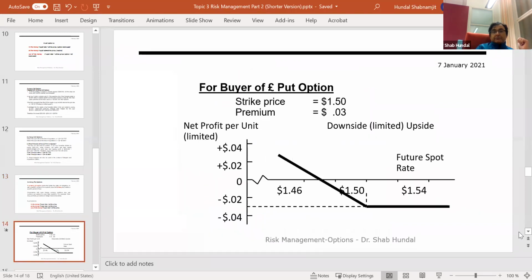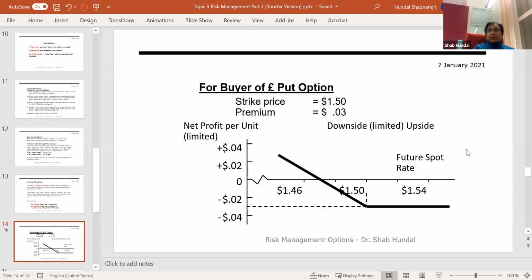And here is when you are a buyer of a put option, then this is your payoff. It means that, let's say, you are living in the USA and you are selling something to Britain, UK, and you are afraid that the pound can depreciate, go down against the American dollar, which is your domestic currency.